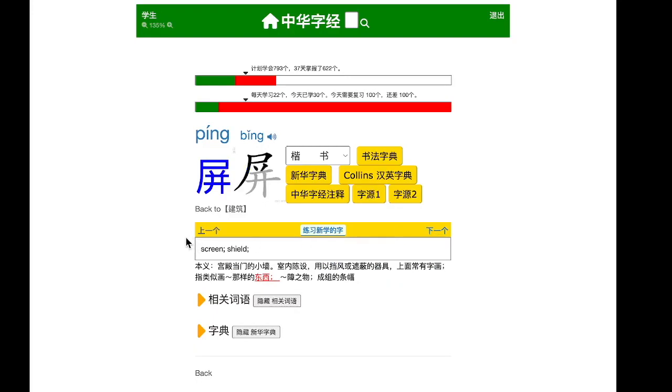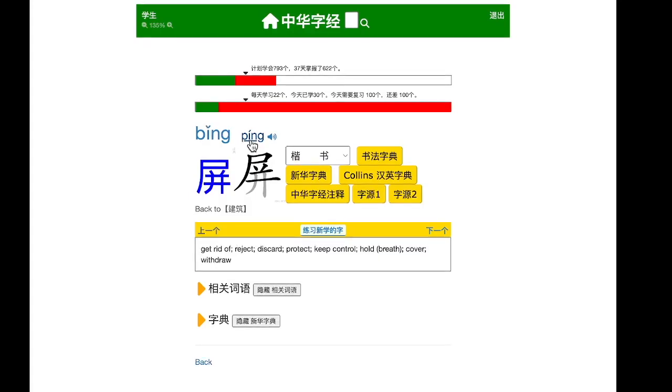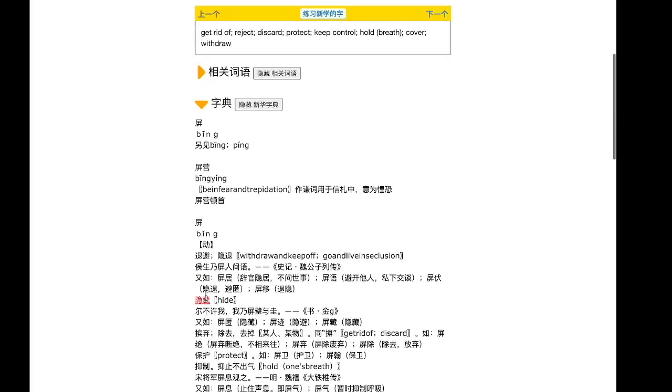Ping. Ping is a screen or a shield. Ping has also got this other reading, bing. And this bing means to get rid of, reject, discard, protect, keep control, hold your breath, cover, or withdraw.